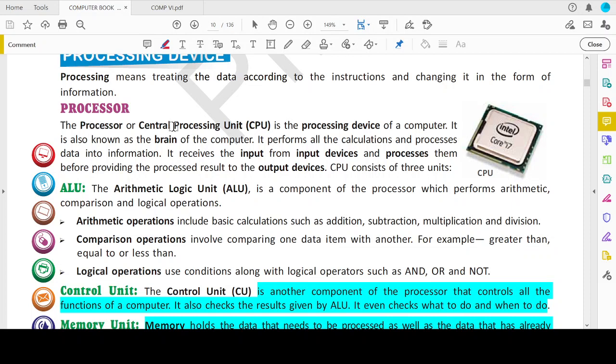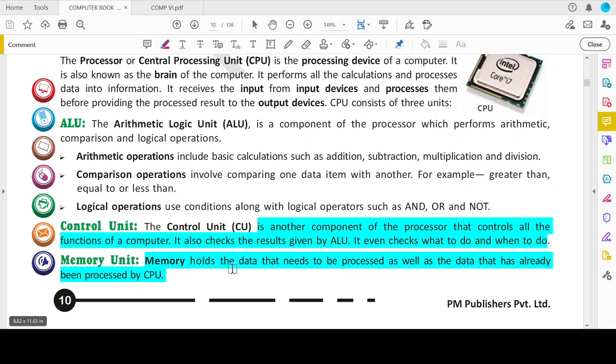A CPU, a central processing unit of a computer, is known as the brain of the computer and performs all calculations and processes data into information. It receives input from input devices, processes them before providing processed result to the output device. It consists of three units, that is arithmetic logic unit, control unit, and the memory unit. Right?